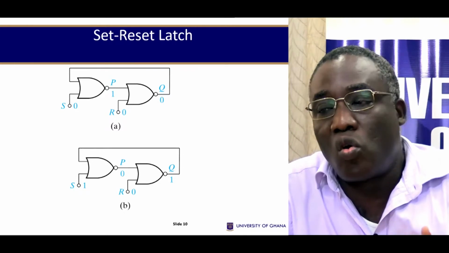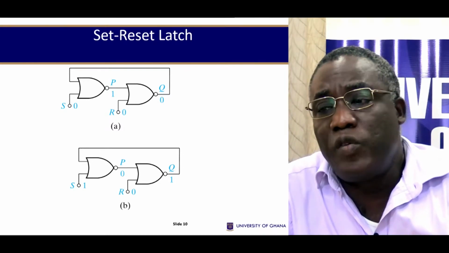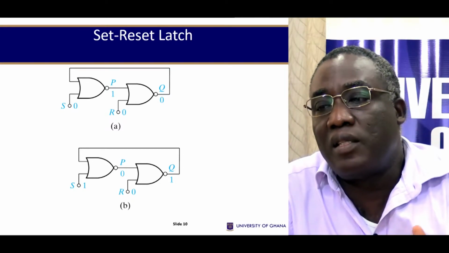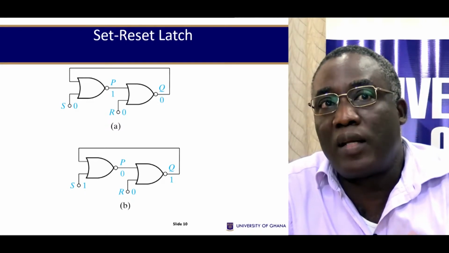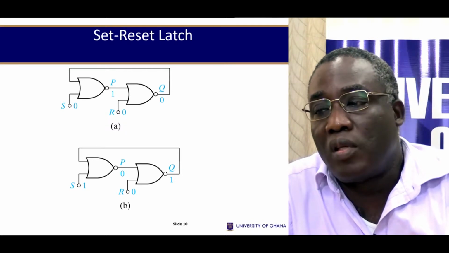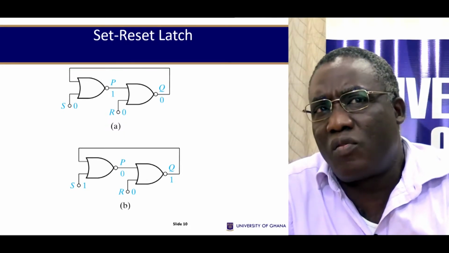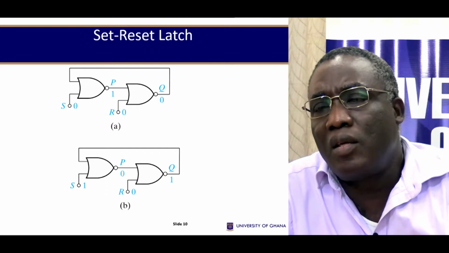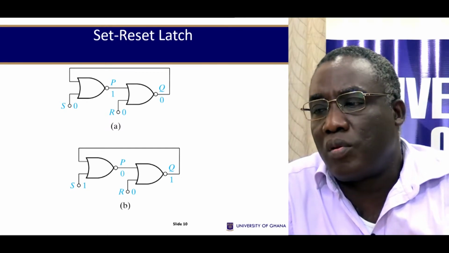0 at all times. Now, if we change this and put S equal to 1, P will then become 0. Now, if P is 0, as here, then the condition becomes unstable.